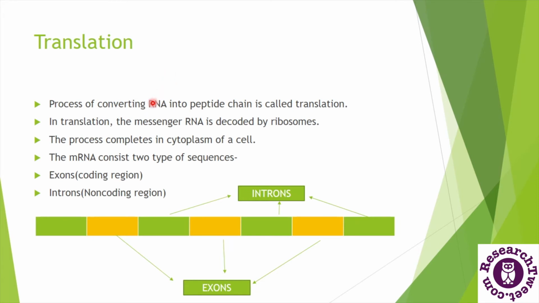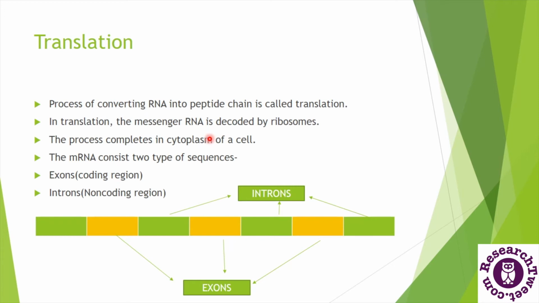This process of converting RNA into a polypeptide chain is called translation. In the process of translation, the mRNA is decoded by ribosomal subunits. Translation completes in the cytoplasm of the cell, whereas transcription completes in the nucleus.